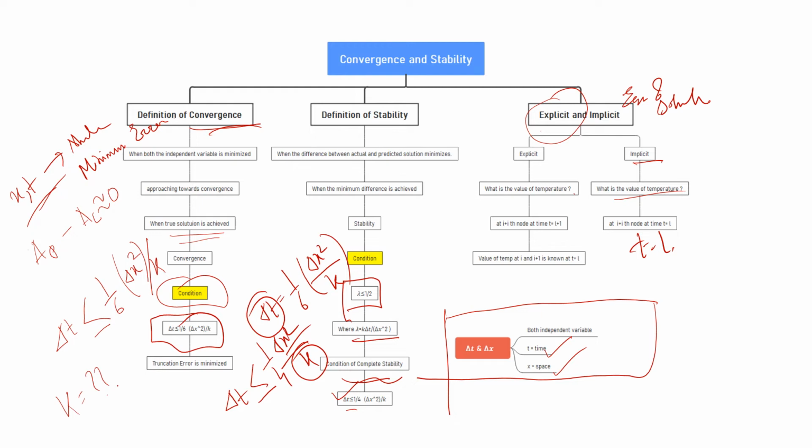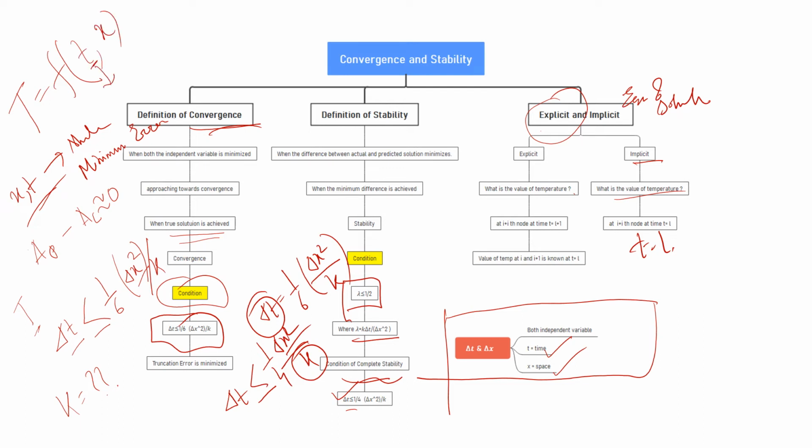But up to this you can understand that del t is the time variable, which is independent of the temperature T, and del x is the space variable, the x coordinate, which is also independent of time. Sorry, temperature T. So T is basically a function of t and x.